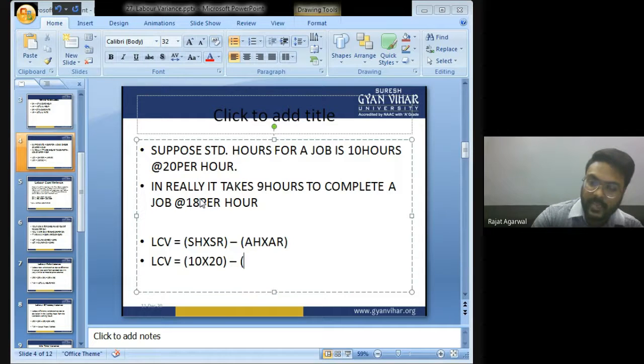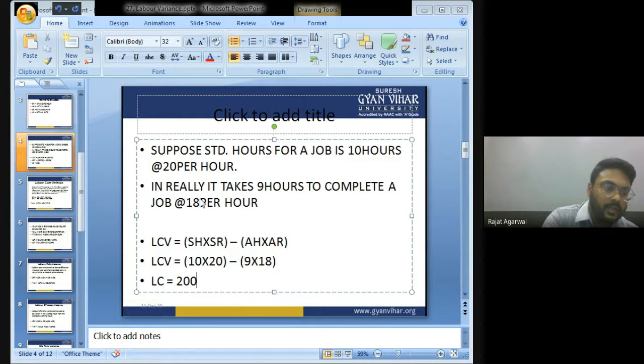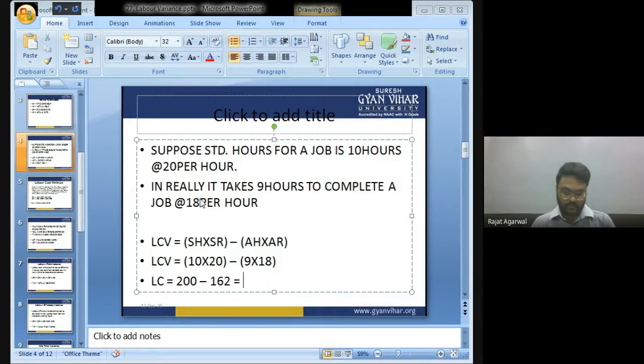Actual hours is 9 into actual rate is 18. 20 into 10, 200. 18 into 9, 162. The difference is 38 favorable. Labor cost variance is 38 favorable.